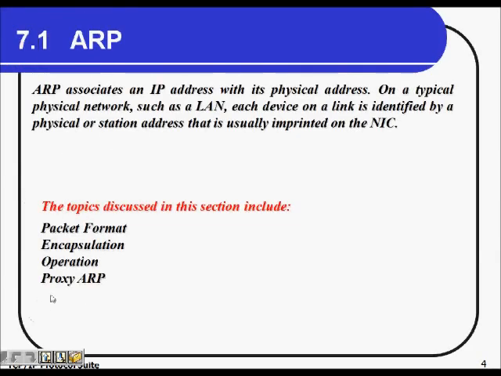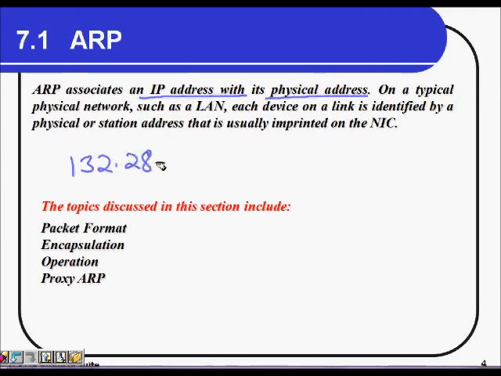First we will learn about ARP. ARP associates an IP address with its physical address. For example, there will be a table which will tell that 132.28.36.5 has a physical address, which is A2 B5 38 21 00 FF.